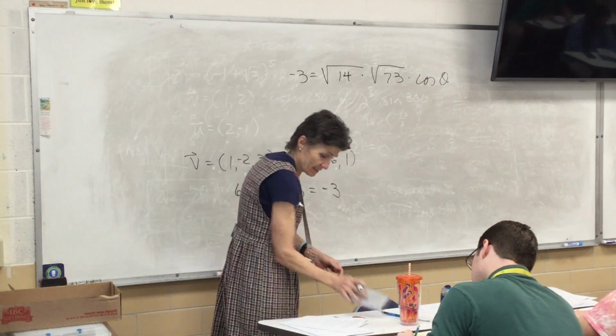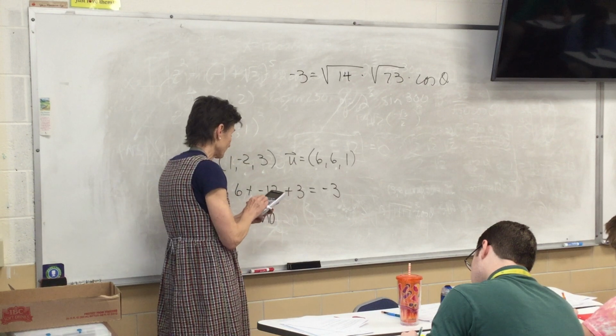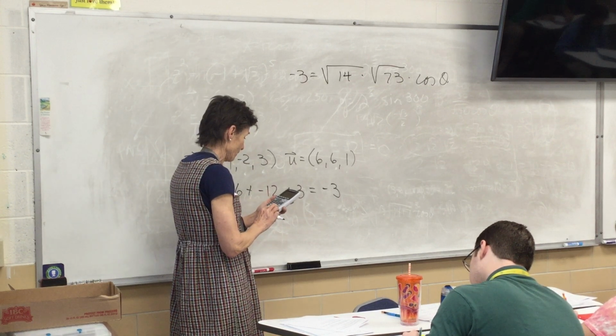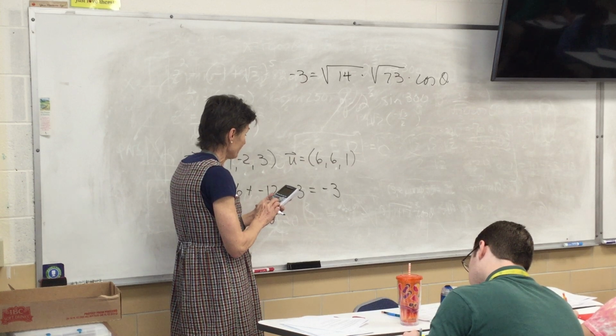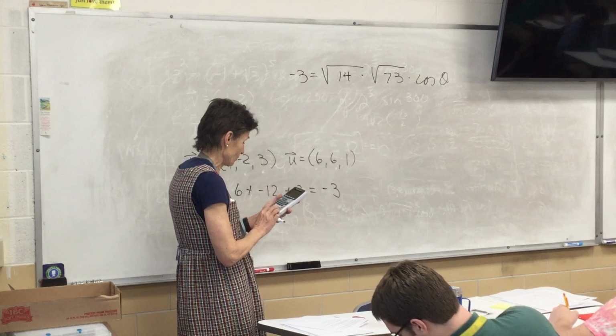So we'll definitely need a calculator for that. So second cosine, -3 divided by the square root of 14 times 73.